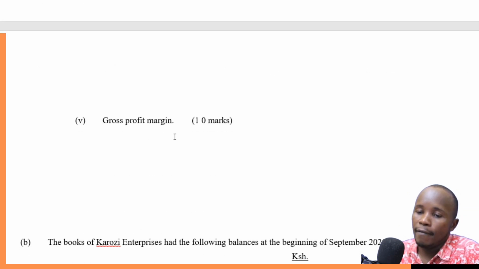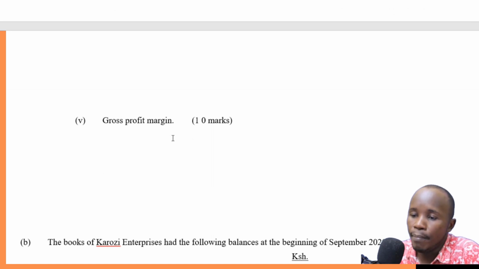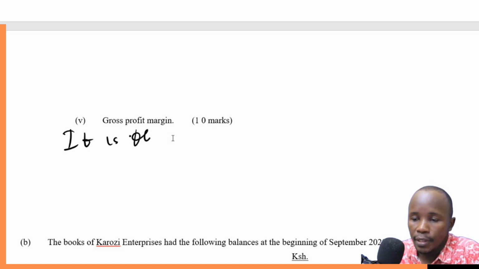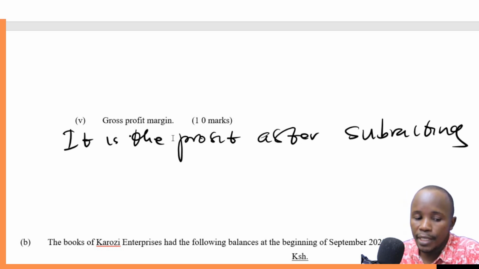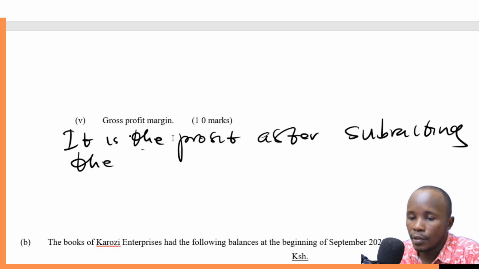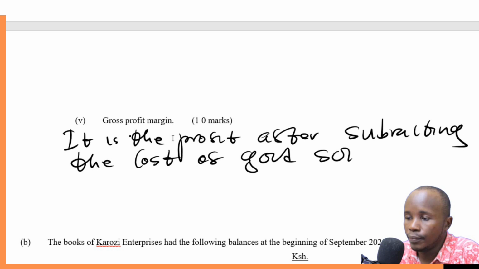That is it. Finally, here you're supposed to explain what is gross profit margin. Now, when you're talking about the gross profit margin, we are saying that it is the profit after subtracting the cost of goods sold.